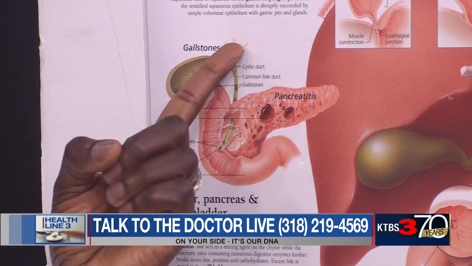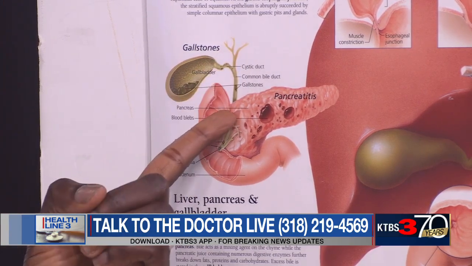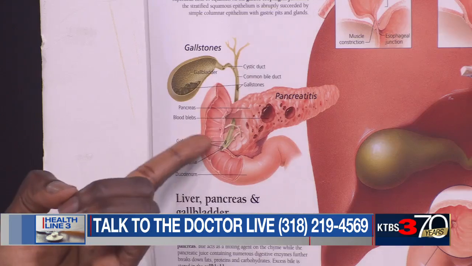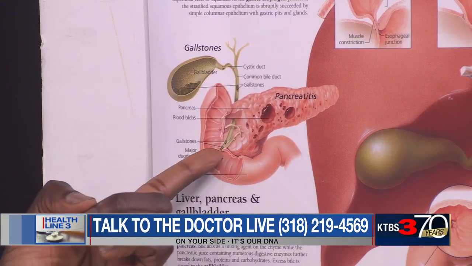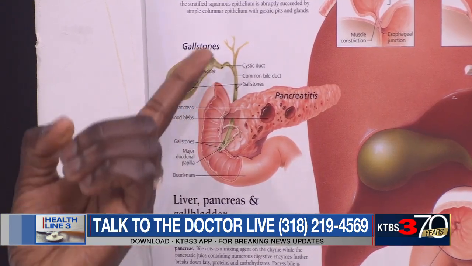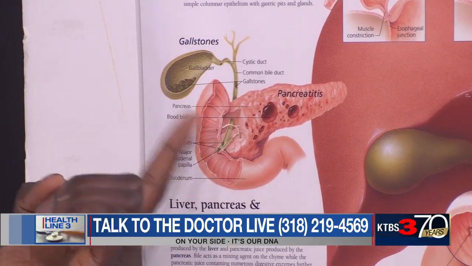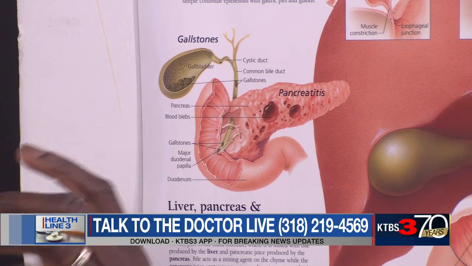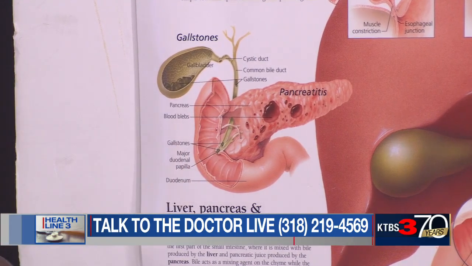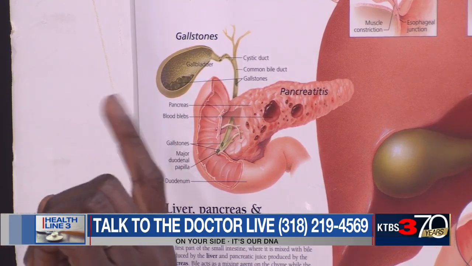The bile duct, which is part of the pancreaticobiliary system, connects the gallbladder to the intestines, so it allows bile to flow down into the GI tract and good digestion occurs.